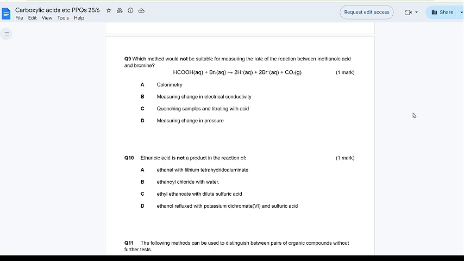Colorimetry certainly would. Electrical conductivity, can see that working there. Quenching samples and titrating with acid.